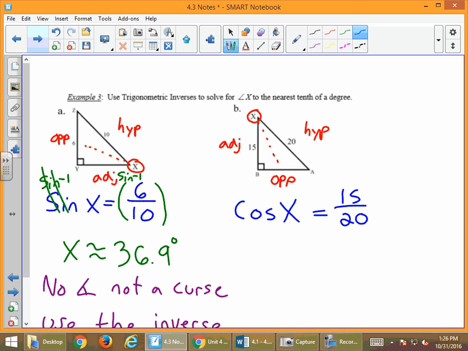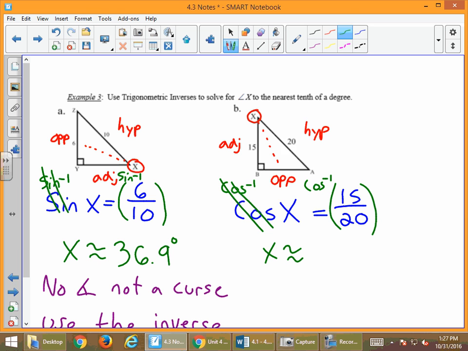I have one last step I need to do. I need to do its inverse. Now, I'm not going to use sine inverse on this one. Which one do you think I'm going to use here? Cosine inverse. Yeah. That will cancel that out. I'll be left with this. So x will approximately be this.